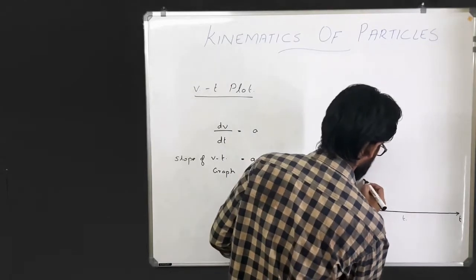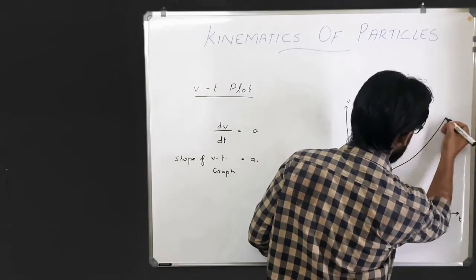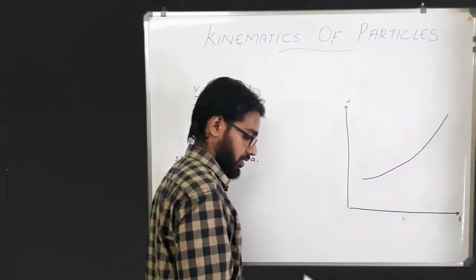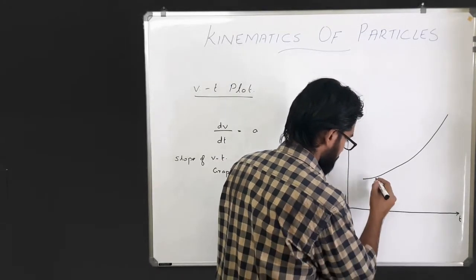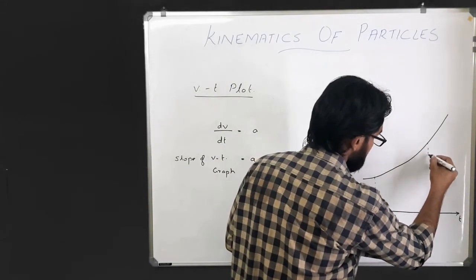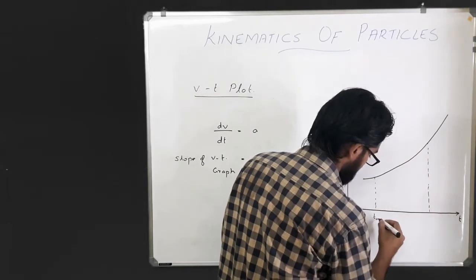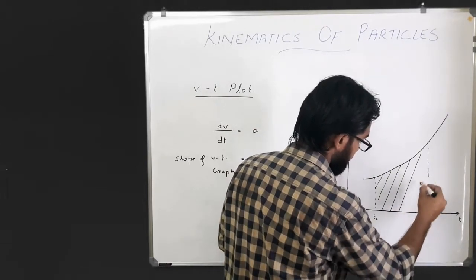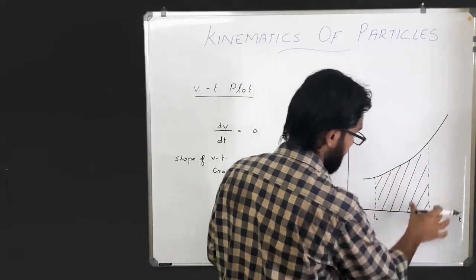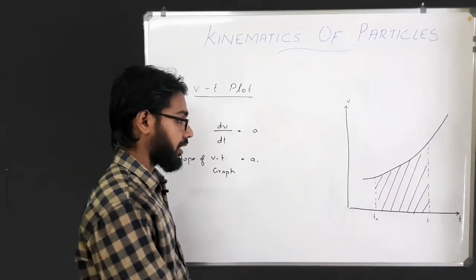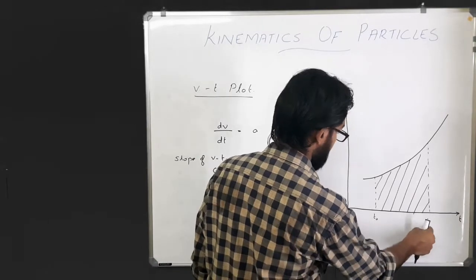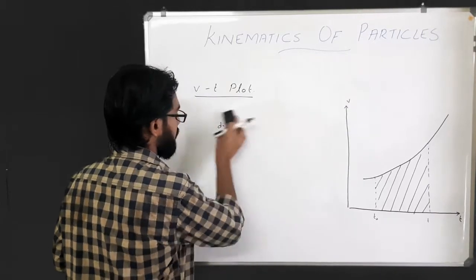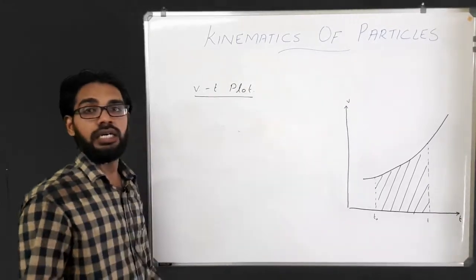I again plot the velocity-time graph. Now the area under the graph, suppose I have two points t0 to t, and I find the corresponding area of the graph between the points t0 and t of the plot v-t. Now this corresponding area will give me the displacement.